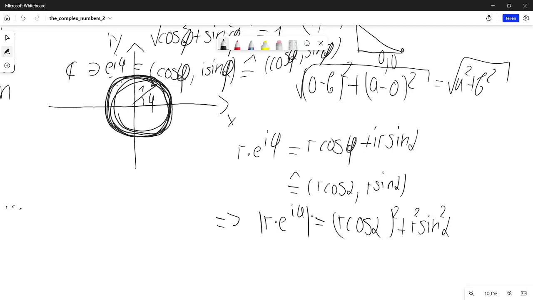I have already solved that squared here. So that is actually, of course, r is a real number.